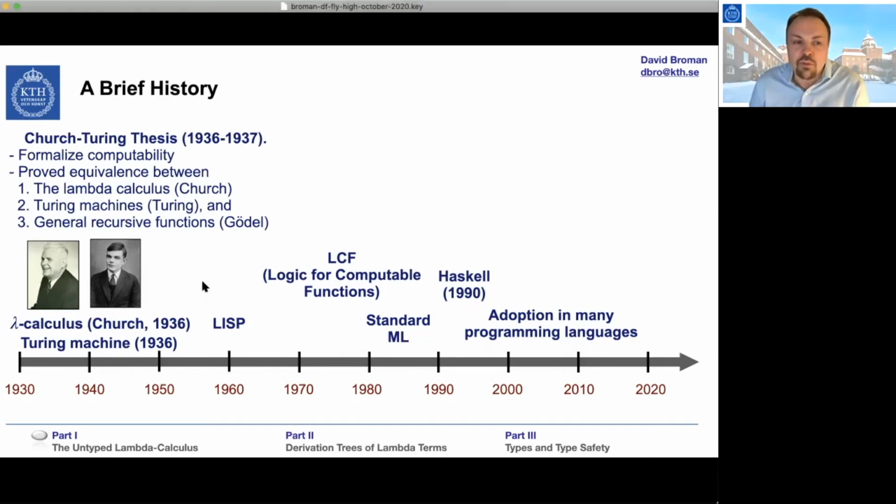That was something that puzzled a lot of mathematicians, because these guys were mathematicians. And there were different attempts, like the Lambda Calculus by Church, the Turing machine by Turing, and then Gödel also worked on this and had general recursive functions. And there's something called the Church-Turing thesis, where they proved the equivalence of all these.